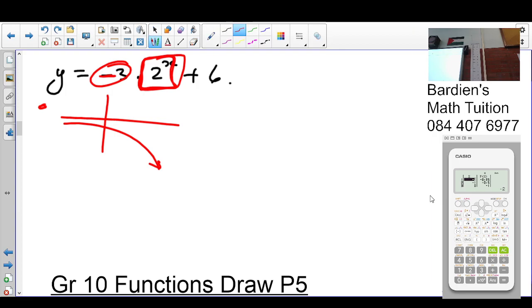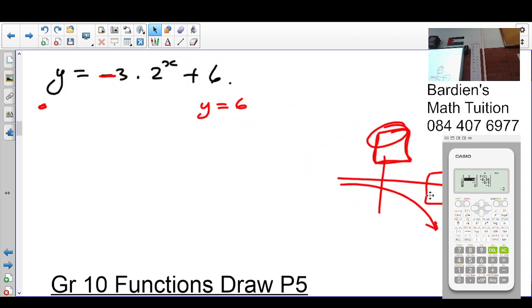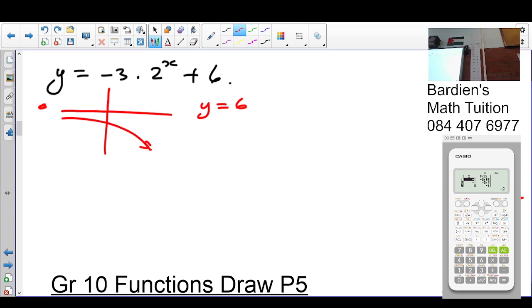And it has a horizontal asymptote: y is equal to 6. Why? Because of the 6, because of that there. Yes, Michael?